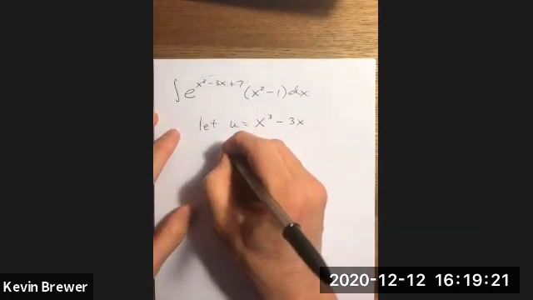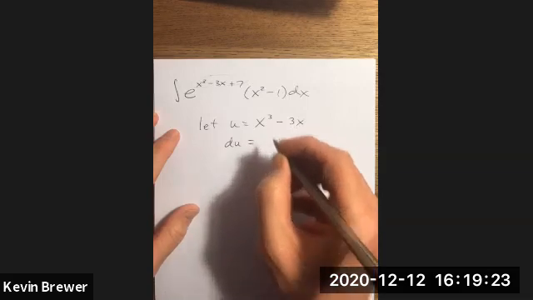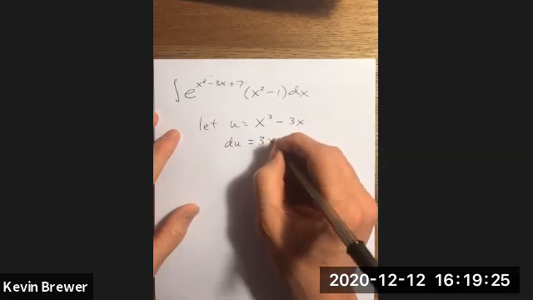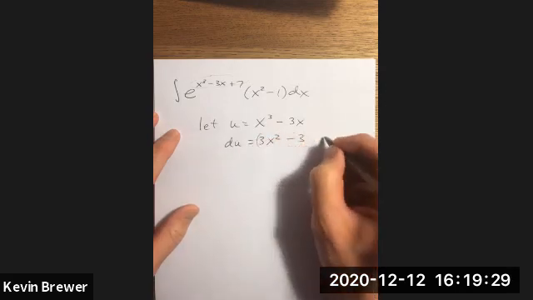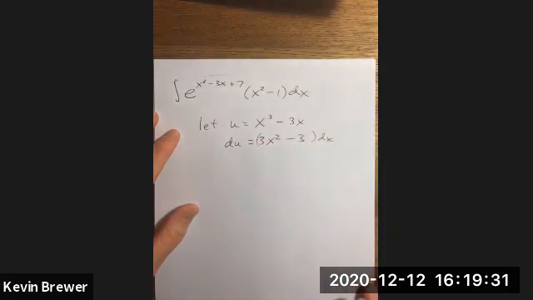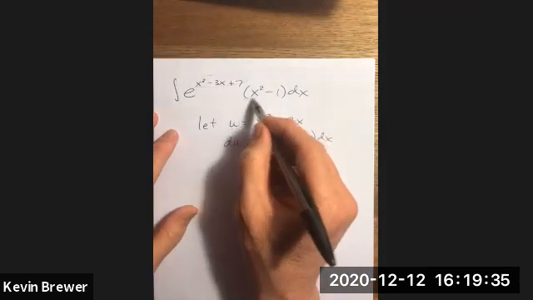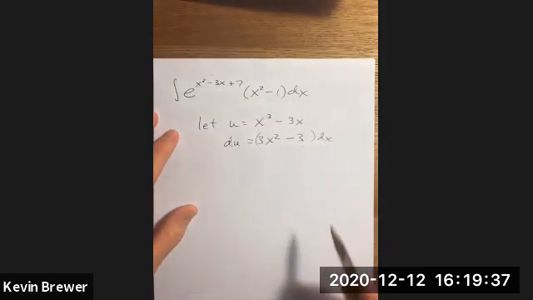What is du? It is 3x squared minus 3 dx. And that is not exactly what we see there.